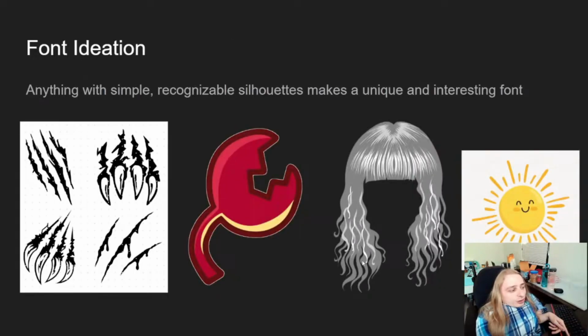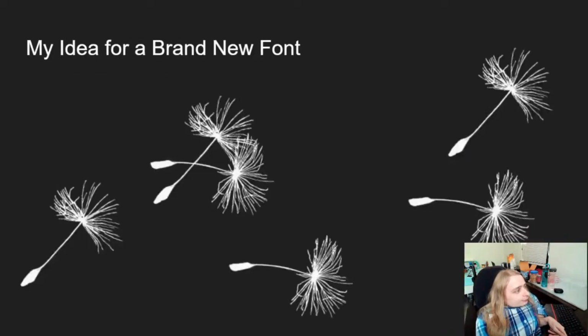So yeah, simple shapes when you're trying to be very subtle with your font, but still express the idea. For the demonstration today, I'm going to make a font based on dandelion seeds. It has a very unique shape, very recognizable, and it has some things that I can play with.